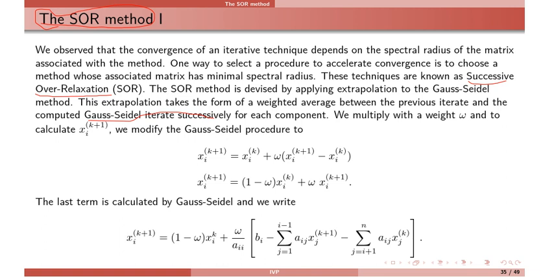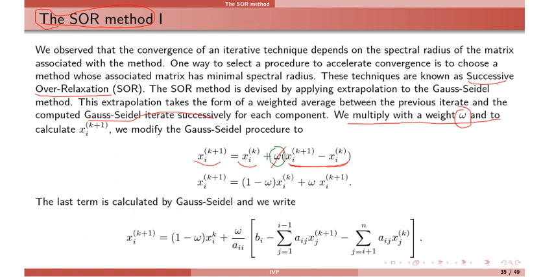What we do here is multiply a weight omega with the error. So I am writing x_i^(k+1) equal to x_i^(k)... forget omega first. x_i^(k+1) minus x_i^(k) will be the error, and I am multiplying the error with the number omega.